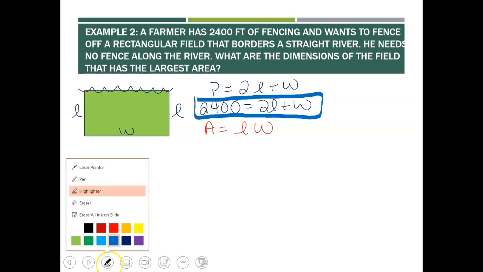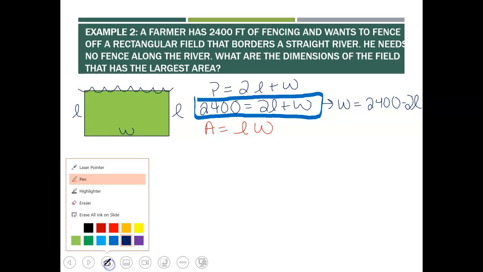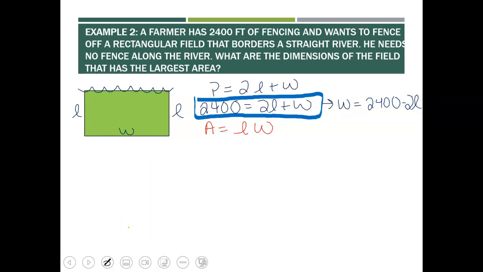So, for example, I could solve perimeter for W. I could say W equals 2,400 minus 2L. And then in area, instead of using W, I'm going to substitute it with 2,400 minus 2L.